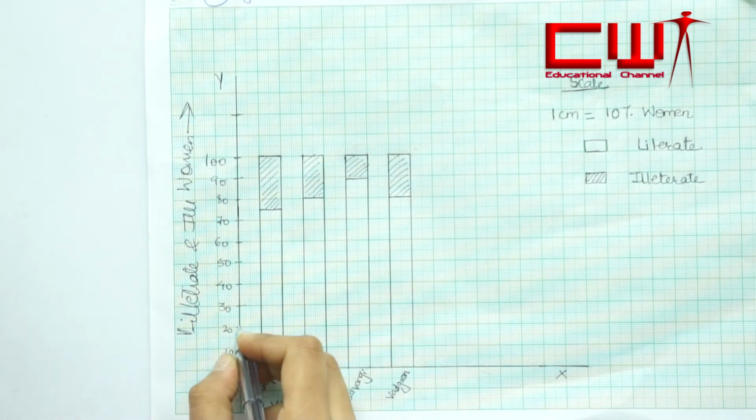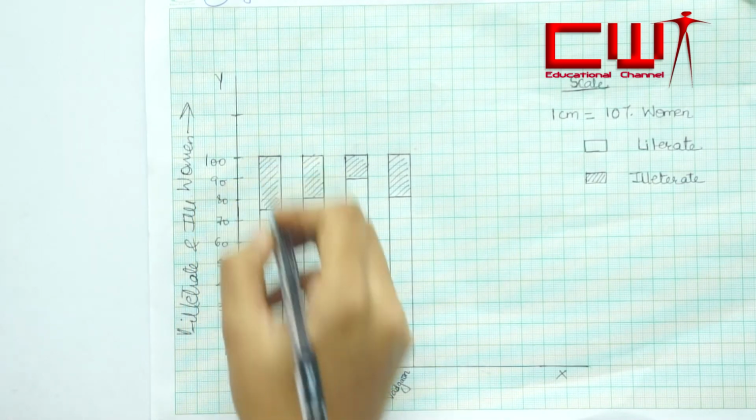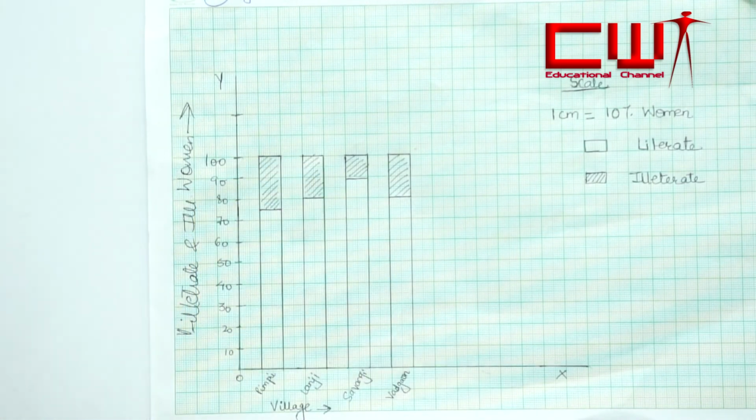So you will take 0, 10, 20, 30, 40, 50, and so on, and you have marked the villages. You make the bars. Now see how you will calculate. First, I will show the calculation for village Pimpri, that is 540 and 180.